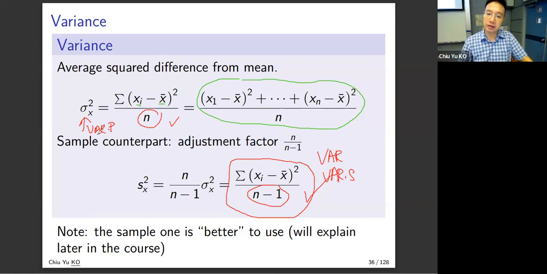This is better because if we want to know the variance in the population, the big picture, and we collect data to guess it, then when you have data, you use the n minus 1 version. A little bit tricky, right?